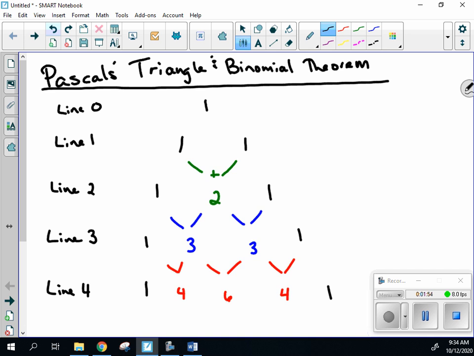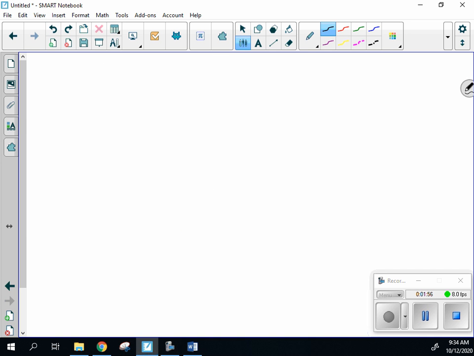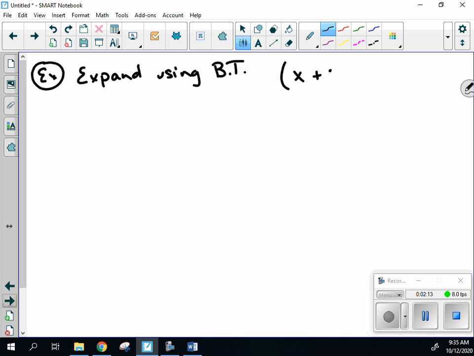But with that, and it's actually almost easier if I just show you an example of the binomial theorem. So we'll expand using binomial theorem. I'm going to have x plus 2 to the power of 4.